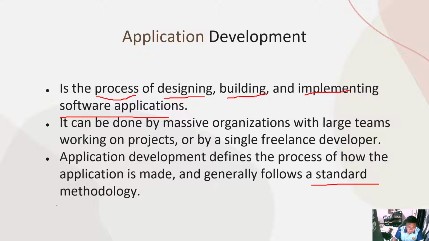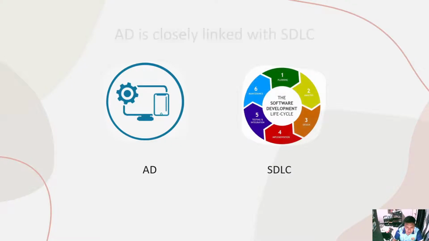For the standard methodology, we have to use the SDLC. That gives us our pattern of how we can develop our application. Application development, which is AD, is closely linked to SDLC, the software development life cycle, which commonly has six stages, sometimes seven.